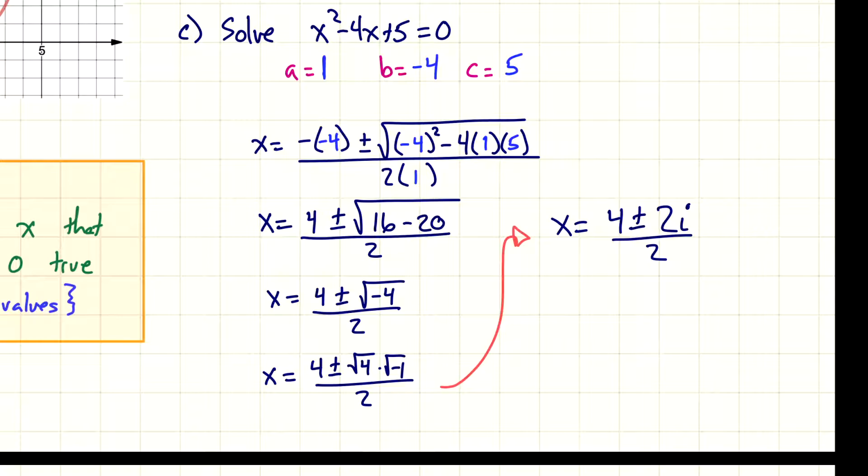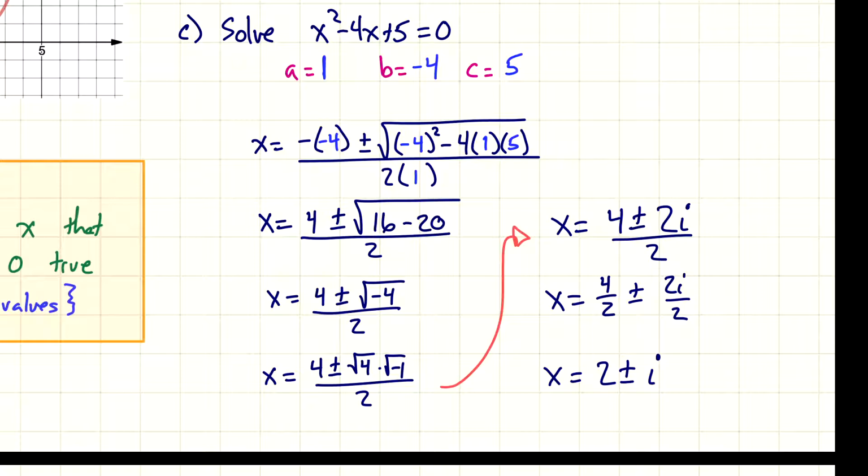This 2 can go into both portions. So I'm going to separate this to x equals 4 over 2 plus or minus 2i over 2. All I'm doing is separating into two fractions, both with a denominator of 2, and each of those can be reduced. So 4 over 2 is 2 plus or minus, and you'll notice 2i divided by 2 is i. So actually it's a nice number.